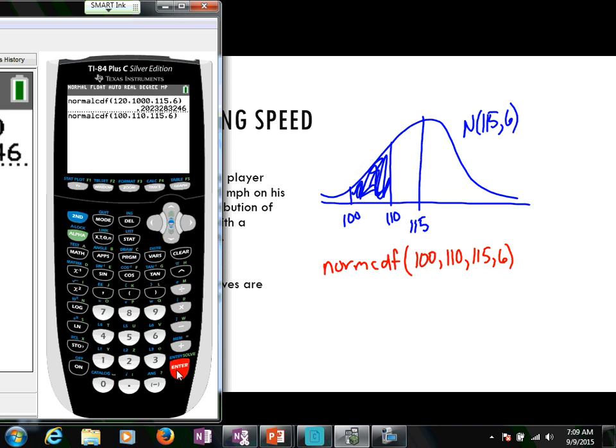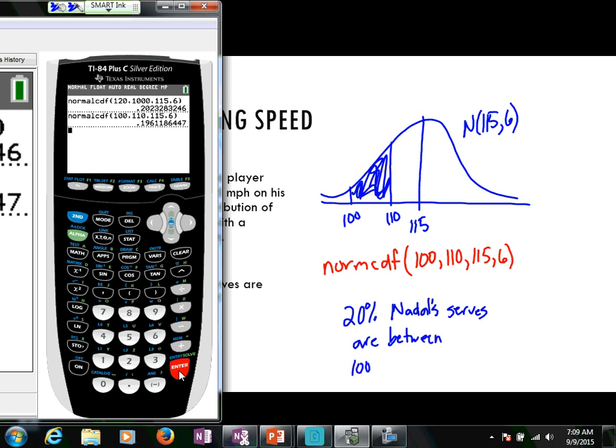I hit paste, press enter, and we can see that about 20%, again, of Nadal's serves are between 100 and 110 miles per hour, which ironically is about how fast I drove to school this morning.